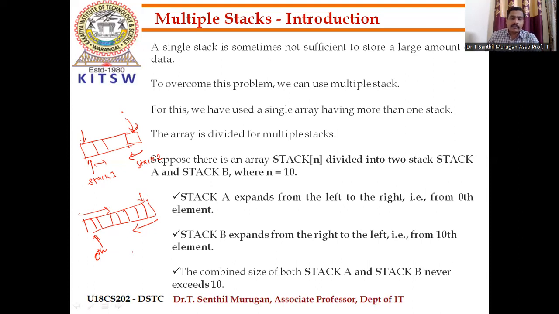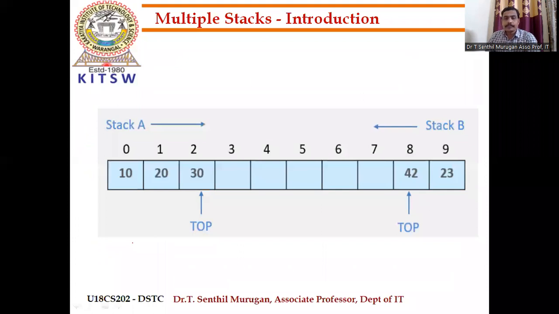Even though we are using two stacks, we don't exceed the maximum size. The maximum size is already fixed, n equal to 10, so we don't exceed this value, and within it we have to use two stacks. The indices run from 0 to n minus 1, so 9 is the maximum index.